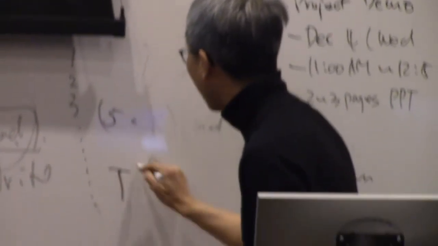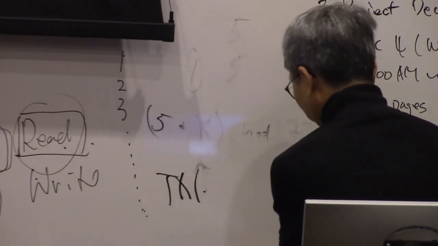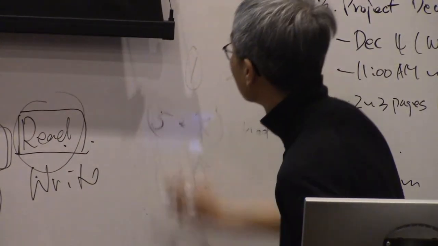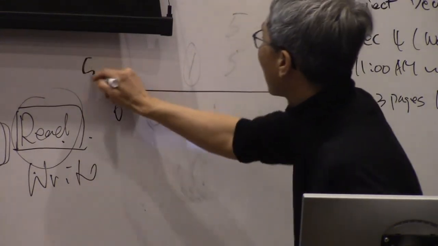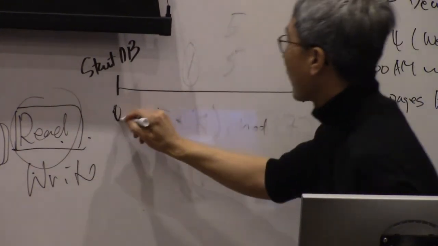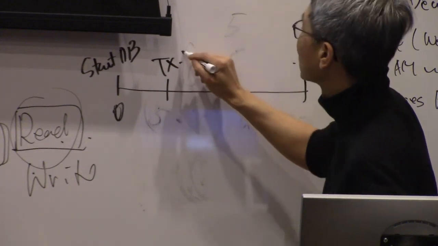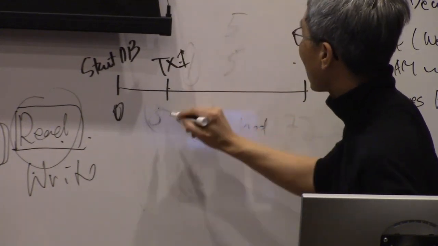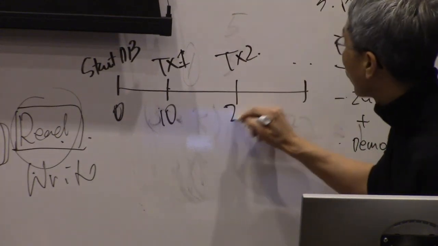Timestamp, for example, of a transaction. Like this is a timeline. So 0, we start the database and it goes on. The first time is 0. Transaction 1 starts at timestamp 10. Transaction 2 starts at 20.